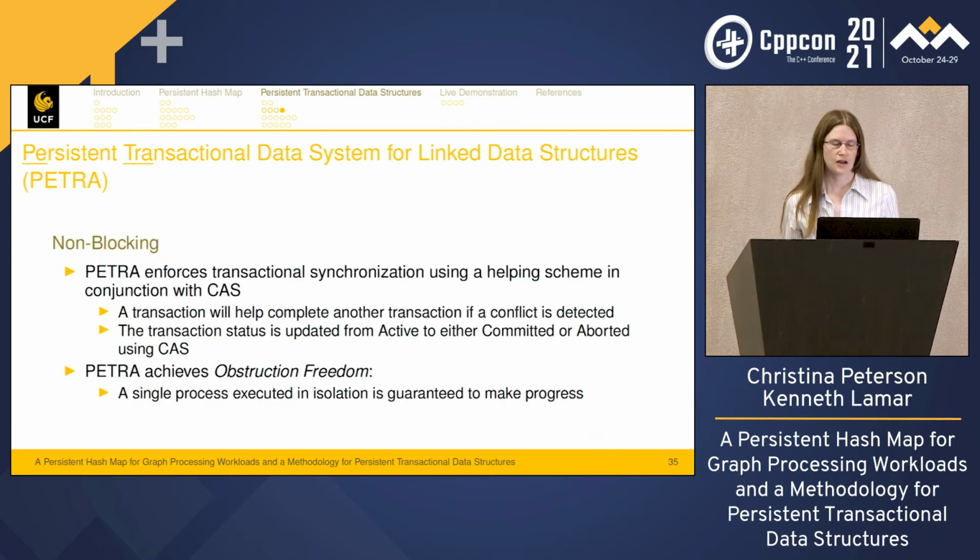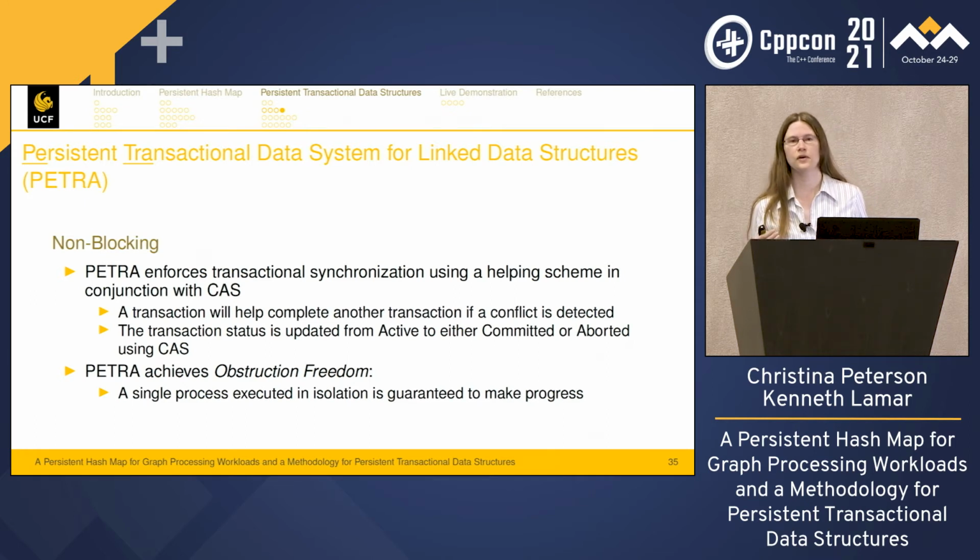Finally, Petra is non-blocking, and it achieves this in enforcing transactional synchronization by using a helping scheme in conjunction with compare and swap. So when a transaction detects a conflict, it's going to help complete that transaction. It's going to go through every operation, and it's going to persist that transaction descriptor before going back to its own operation.